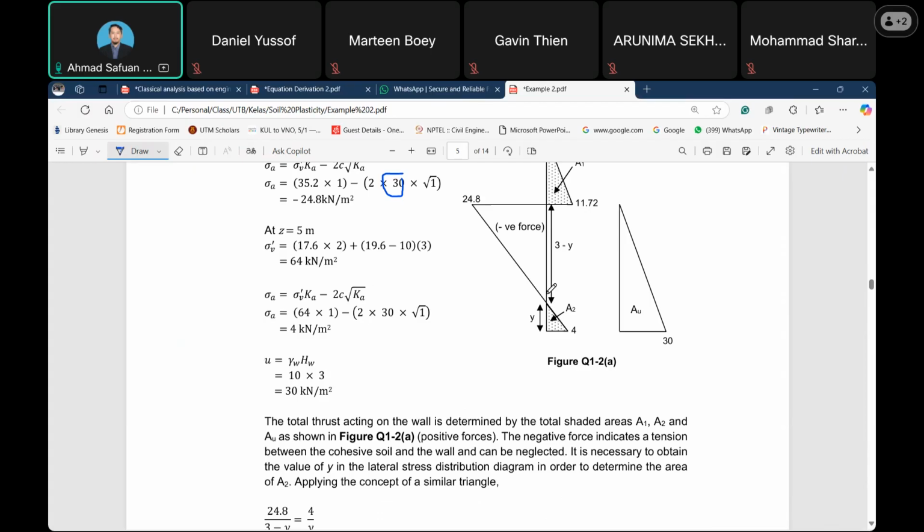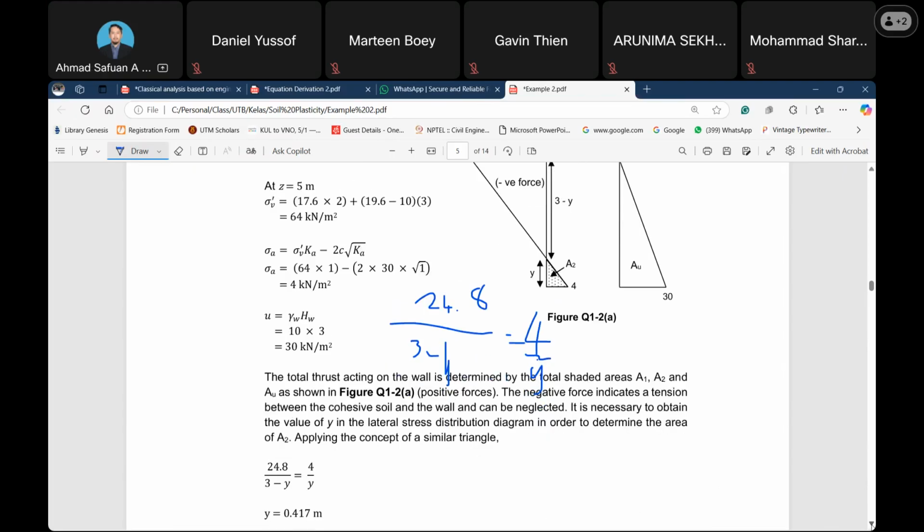What does it mean by a similar triangle? It means that the ratio between the left and the right is equal. So 24.8 over 3 minus y is equal to 4 over y.